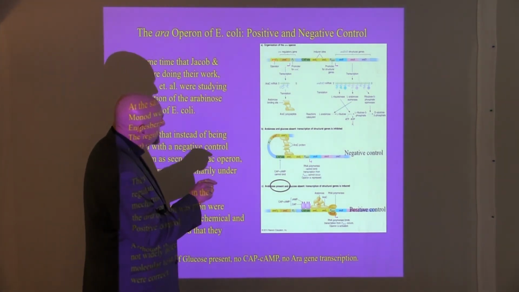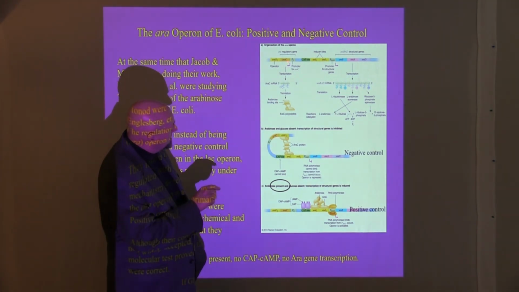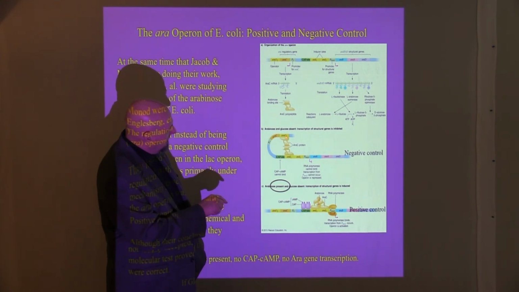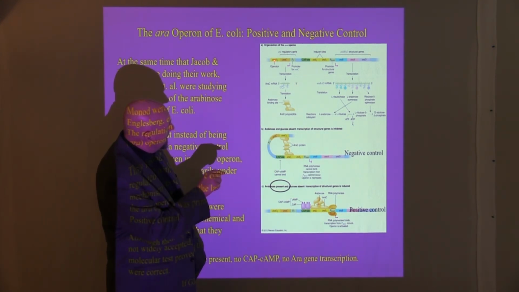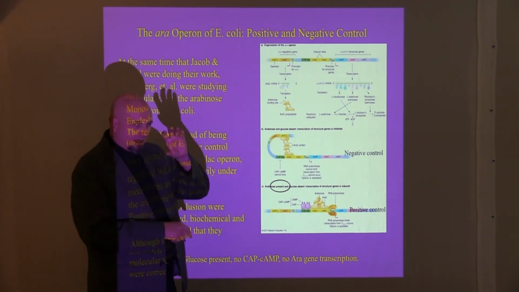So you'll see here, here's the operator system up here for this araC. AraC is this protein right here that's being produced. When it's produced, it binds to araI1 there, and it's a dimer, and it creates a bridging between that to the araO2. I'll show you a picture here in a moment. That creates a negative control.